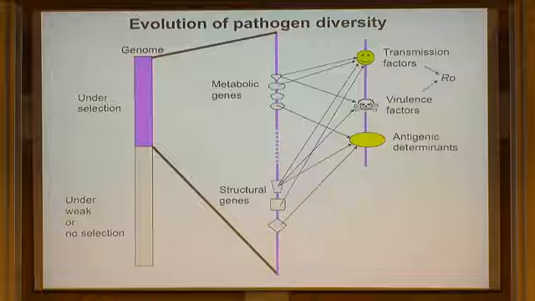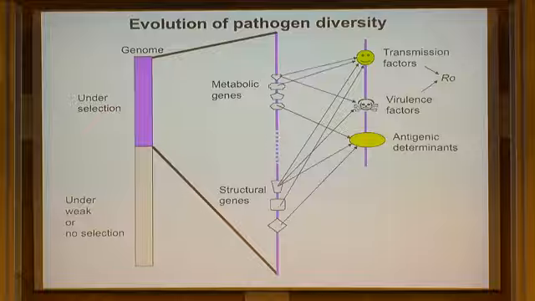But again, I urge the students to collect these into a kind of scheme where you think of the pathogen genome as containing transmission factors, virulence factors, and antigenic determinants, as a way of structuring your ideas about what these genes are actually doing, many of which, of course, overlap in their functions.